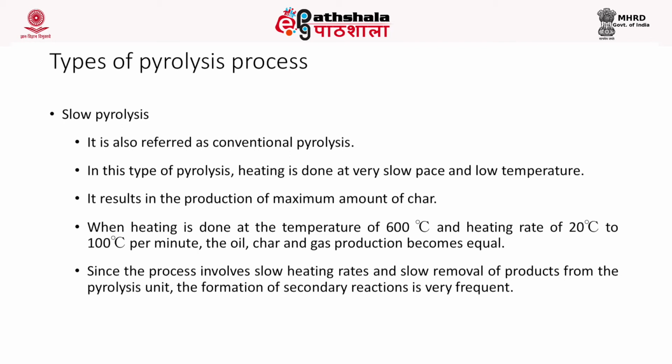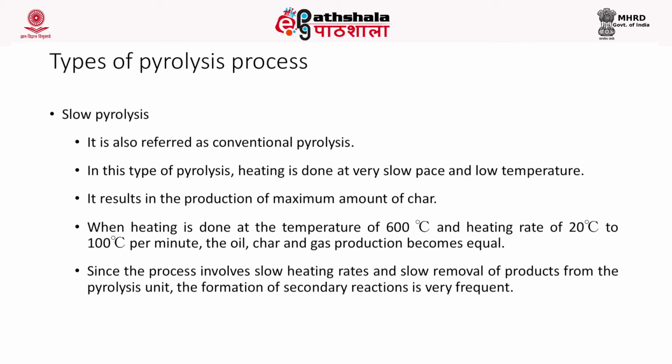This results in the maximum production of char. How it is performed is that the heating is done at a temperature of 600 degrees Celsius at a heating rate of 20 degrees Celsius to 100 degrees Celsius per minute. The oil, char and gas production becomes equal at this condition.